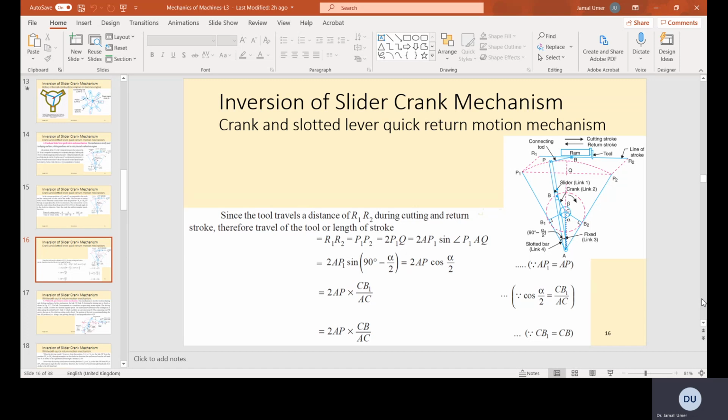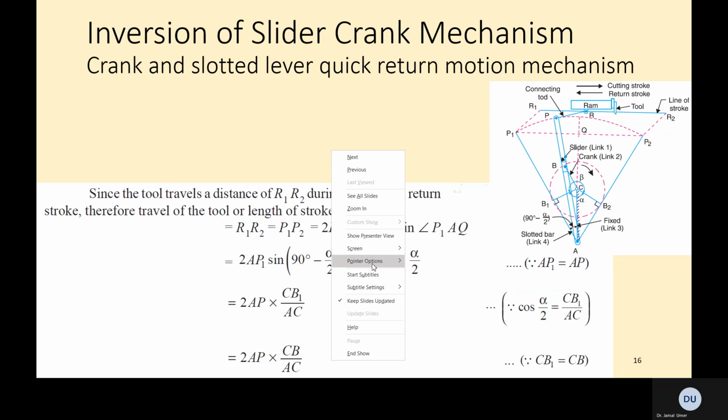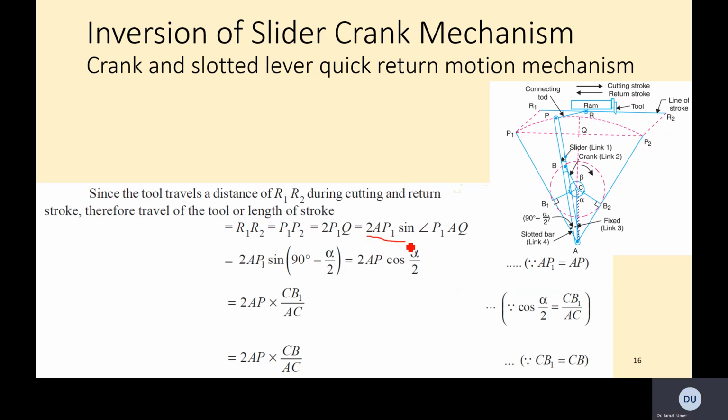All right, so this is the angle 2AP1, and P1AQ is 90 minus alpha by 2. So you just plug in the angle value. And of course, sine of 90 degrees minus alpha by 2 becomes cos alpha by 2, so you will have 2AP cos alpha by 2.